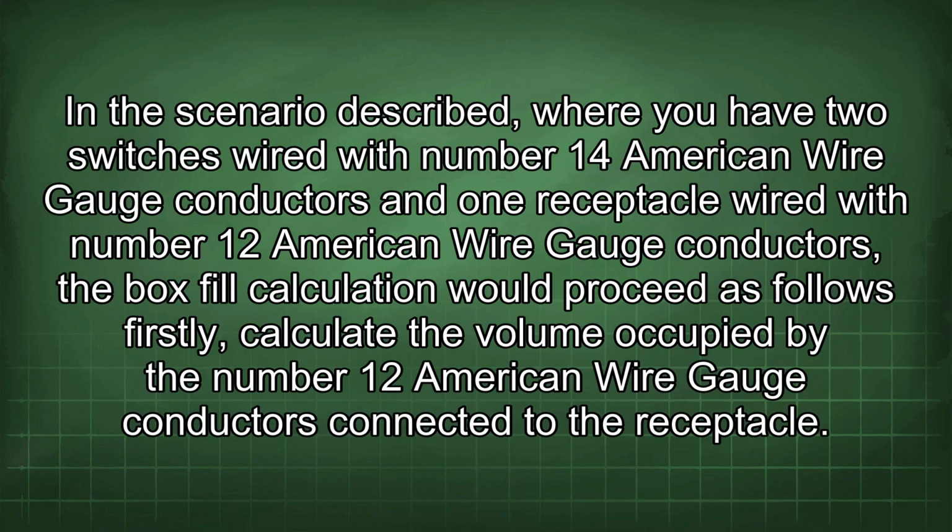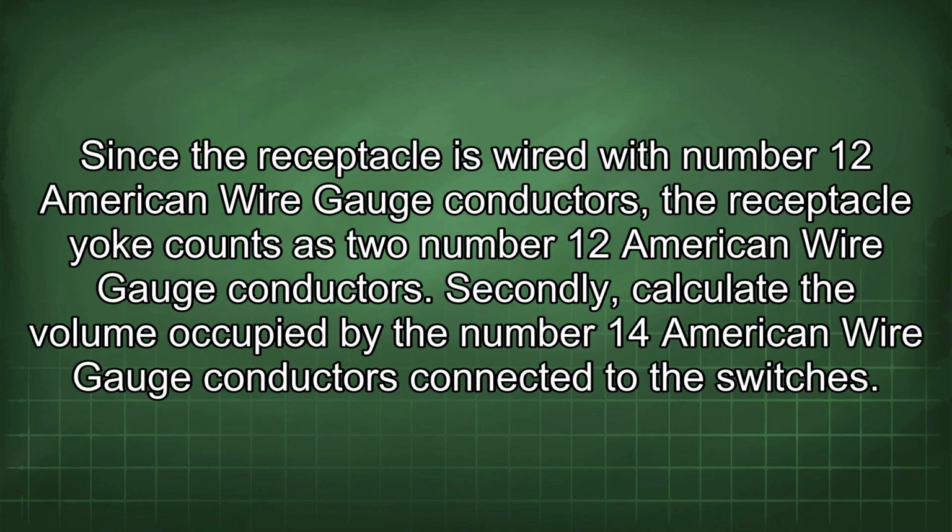In the scenario described, where you have 2 switches wired with number 14 American wire gauge conductors and 1 receptacle wired with number 12 American wire gauge conductors, the box fill calculation would proceed as follows. Firstly, calculate the volume occupied by the number 12 American wire gauge conductors connected to the receptacle. Since the receptacle is wired with number 12 American wire gauge conductors, the receptacle yoke counts as 2 number 12 American wire gauge conductors.